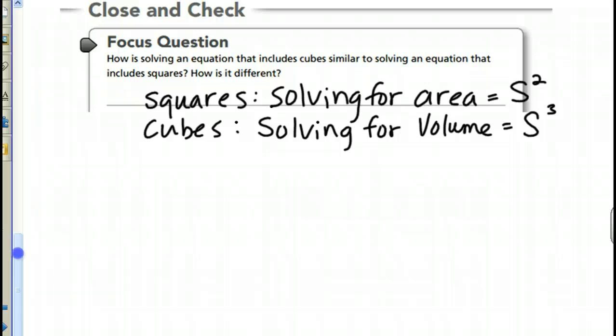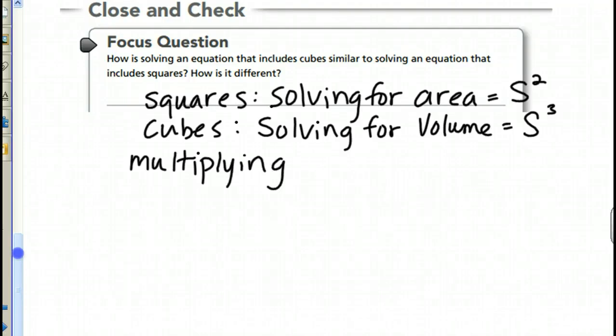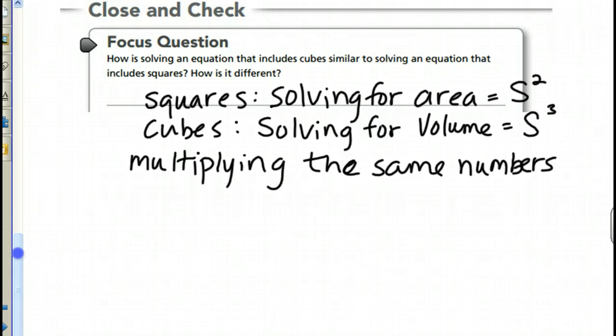In both of them, so how are they the same? Both of them, you're multiplying the same number by itself.